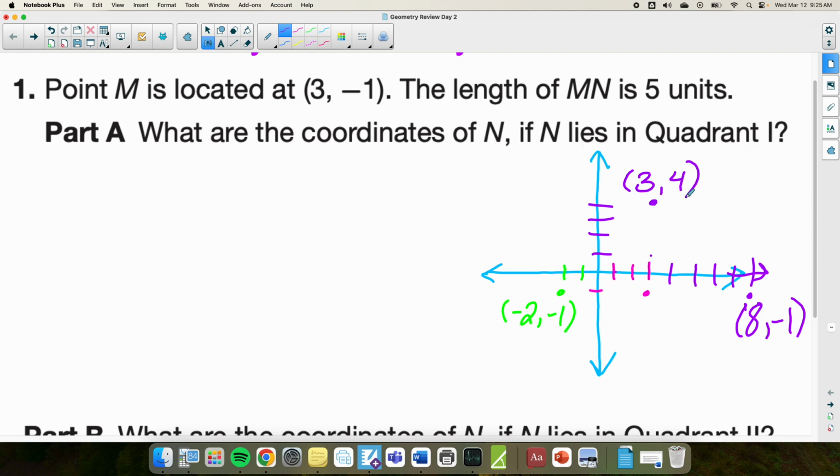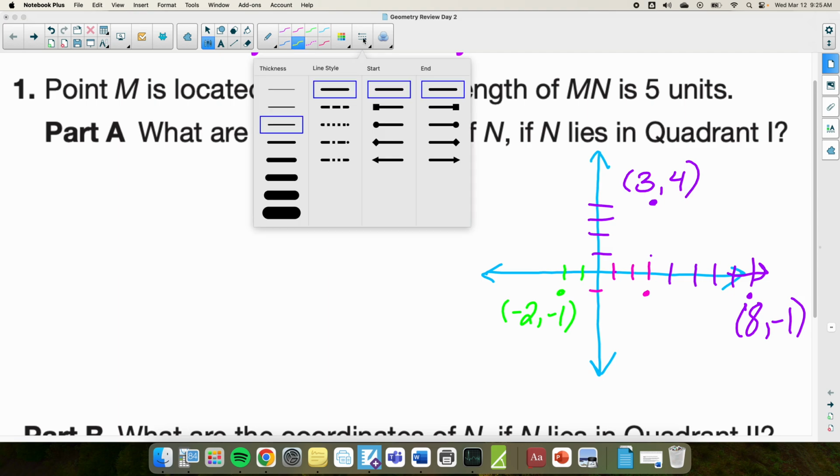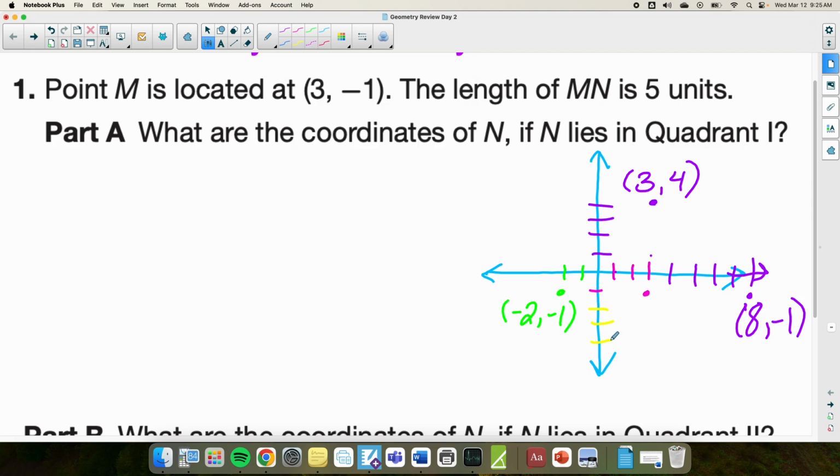Okay. And then our last point, what would happen there is that you would go down 5. So right now we're at -1. This would be -2, -3, -4, -5, -6 would be 5 down. So this point would be 3, -6.